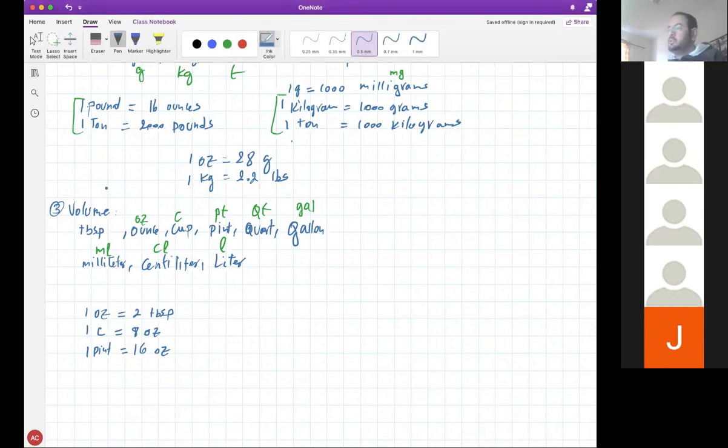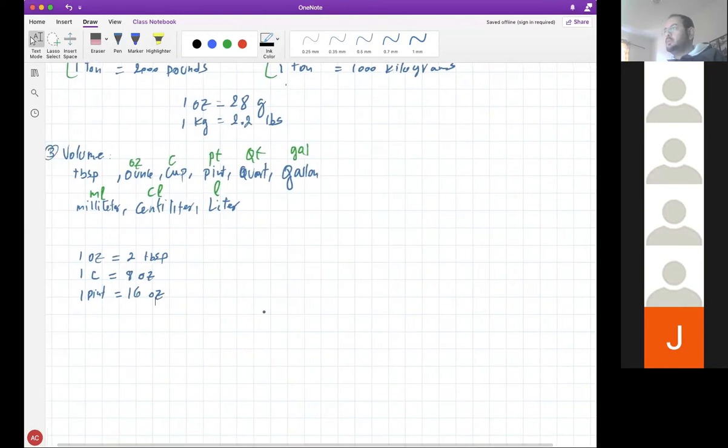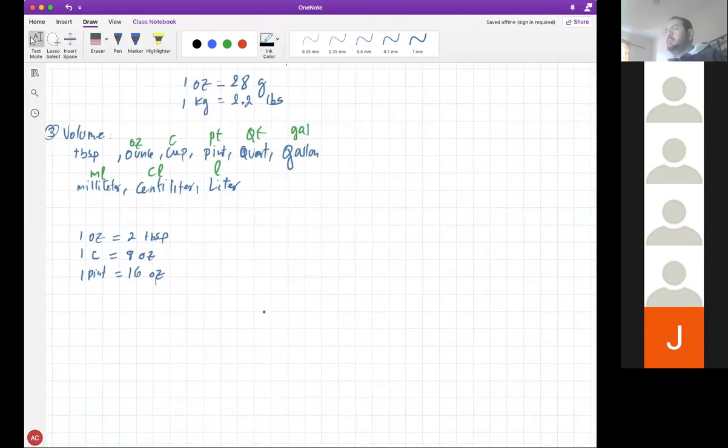That's right, it's 16. Think about, it's mostly used to measure like a pint of beer or something. Not 12, not the bottle. A typical bottle of beer is 12 ounces, but a pint is a bit bigger, a little larger glass, 16 ounces.